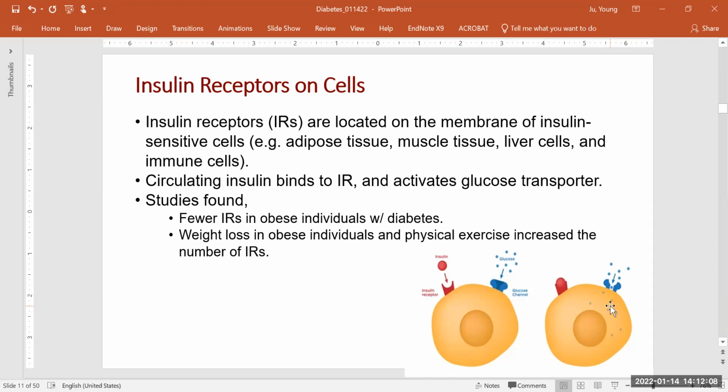Many research studies have shown that there are fewer insulin receptors in obese individuals with diabetes, and weight loss in obese individuals and physical exercise increase the number of insulin receptors.